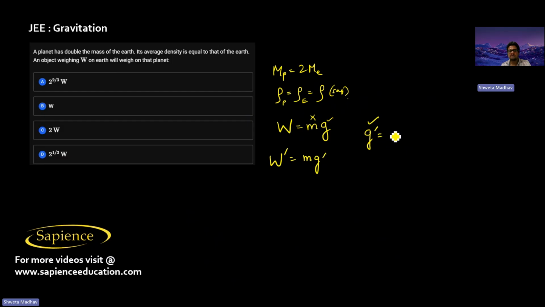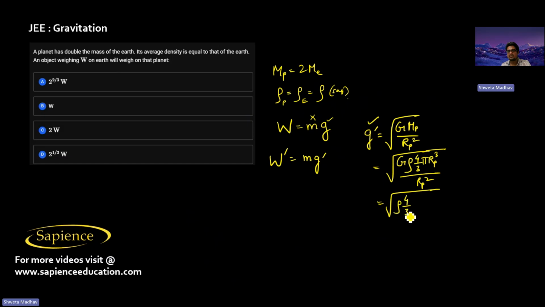Now g dash would be equal to G into mass of that planet by radius of the planet whole square. Now I can write this as G into density into volume, which is 4 by 3 pi RP cubed, divided by RP square. So that is equal to rho 4 by 3 pi G RP.